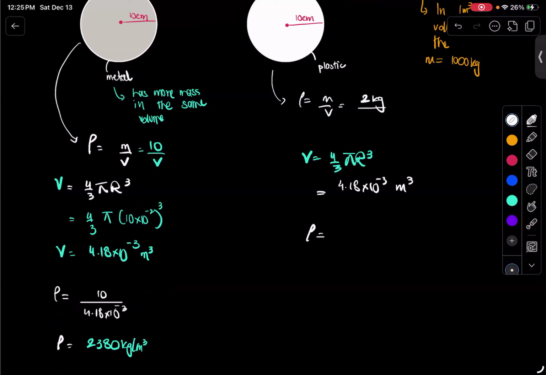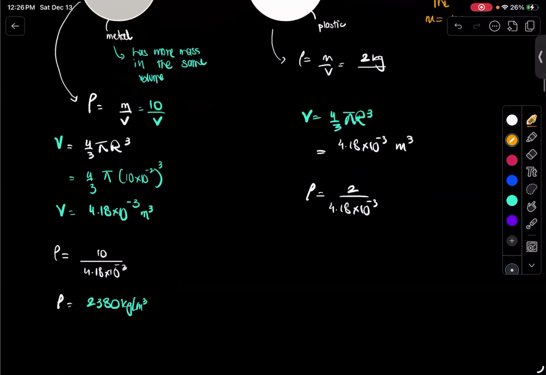So density is equal to 2 divided by this value, which is 2 over 4.18 into 10 to the power minus 3. So this has a density of 478 kg per meter cube.